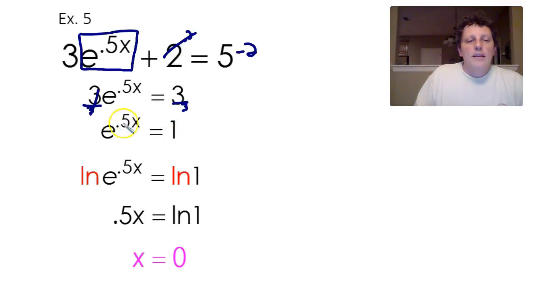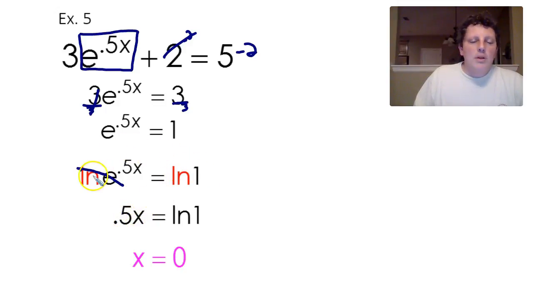Now that I have the base and exponent isolated, I'm going to write a log of both sides of the equal sign that has the same base as my base and my exponent. In this case, that's going to be a natural log that has the base of e. A natural log of e raised to a power, the natural log and the e cancel out, leaving just the power behind, 0.5x.